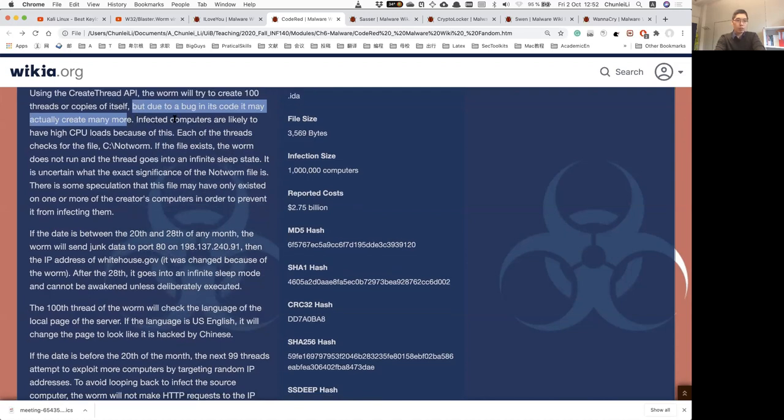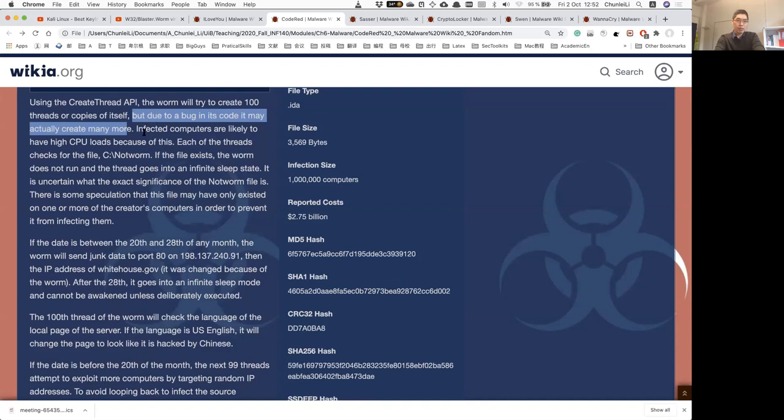Because of this bug, the infected computers are likely to have very high CPU loads. Very interesting, each of these threads checks for a file, this file, notworm. If this file exists, the worm does not run, and the thread goes into an infinite sleep state.